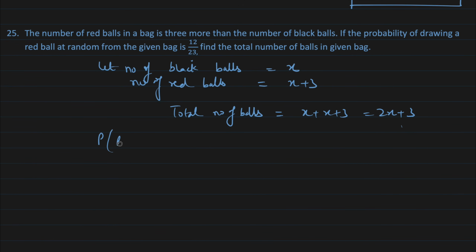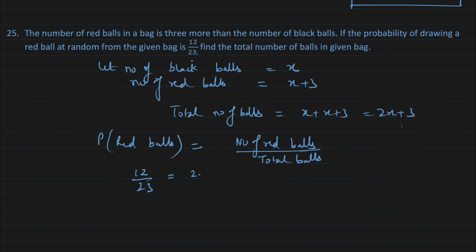And the probability of getting red balls is given to you, and from here it will be number of red balls by total balls, right? Favorable outcomes by total number of outcomes. This is what we do. So the probability is given as this, and x plus 3 is the number of red balls, and 2x plus 3 is total balls. I hope it's clear, students.